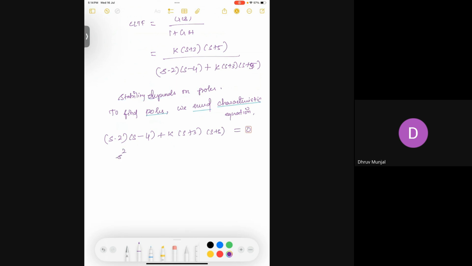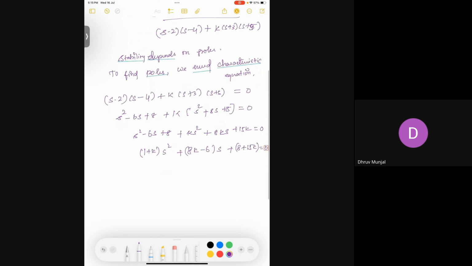This will give you s square minus 6s plus 8 plus K into s square plus 8s plus 15 equal to 0. S square minus 6s plus 8 plus K s square plus 8Ks plus 15K equal to 0. So collecting all the s square terms, this will give (1 plus K) s square plus (8K minus 6) into s plus (8 plus 15K). This is the constant term.